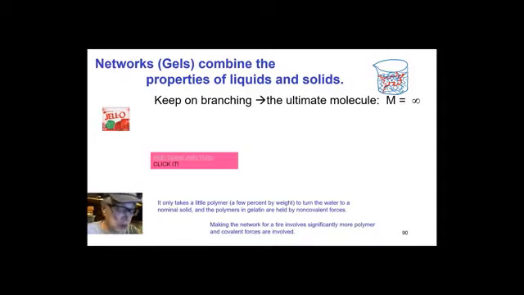It's one giant molecule. That's the point. At this point, I've made one giant molecule. Let's suppose I did that with 1 gram of polymer, and I did that in 99 grams of water.